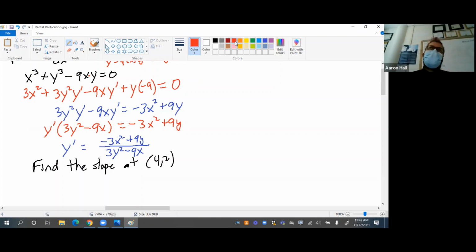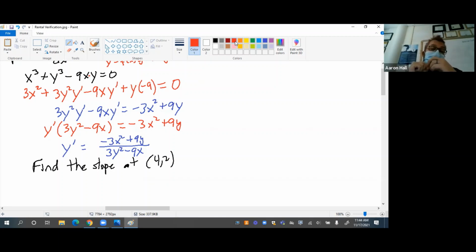Could we have simplified that? Yes. How could we have simplified it? It seems like I could have factored out a 3 from the numerator and denominator, right?